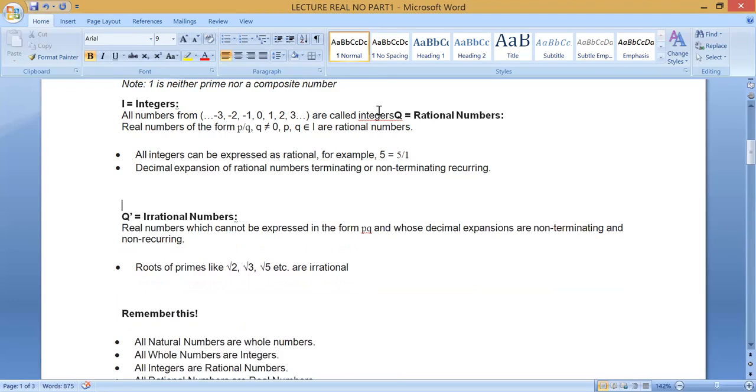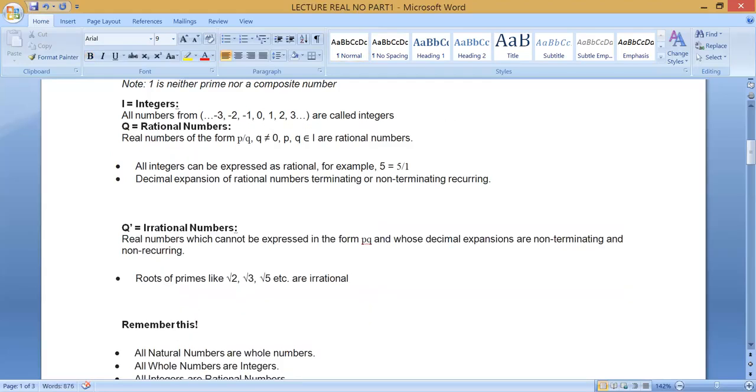But if I say 10 upon 3, you will say, sir, 10 upon 3 is a rational number. But if I convert this into decimal form, 10 upon 3 is 3.333 and so on, that is 3.3 with a bar on it. This bar means recurring: the 3 is repeating again and again.